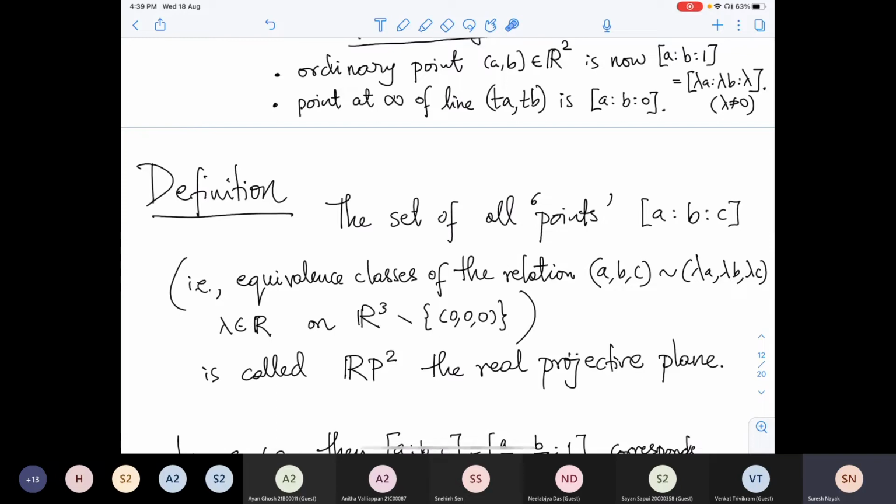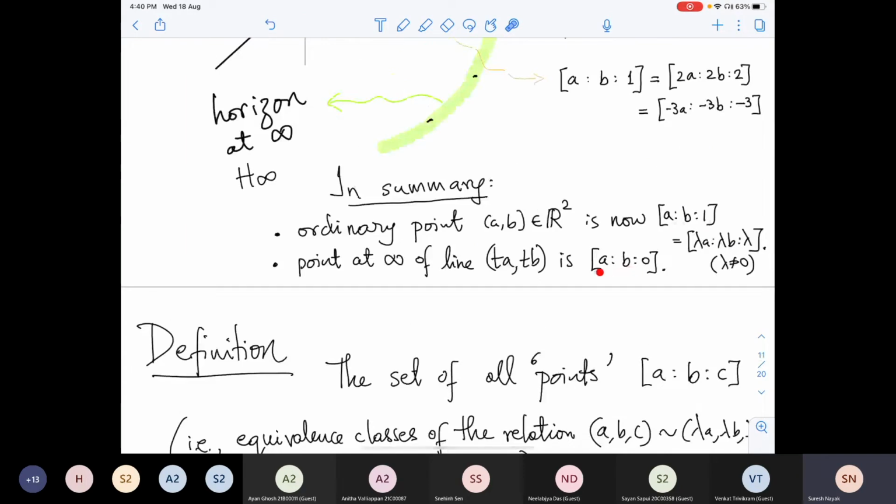So we introduce this relation: A, B, C is equivalent to 2A, 2B, 2C, or 3A, 3B, 3C, or whatever, lambda A, lambda B, lambda C, where lambda is not 0. And the only thing which is not allowed is all 3 coordinates being 0. All 3 coordinates being 0 was not happening here or here, and we will not allow it here also.